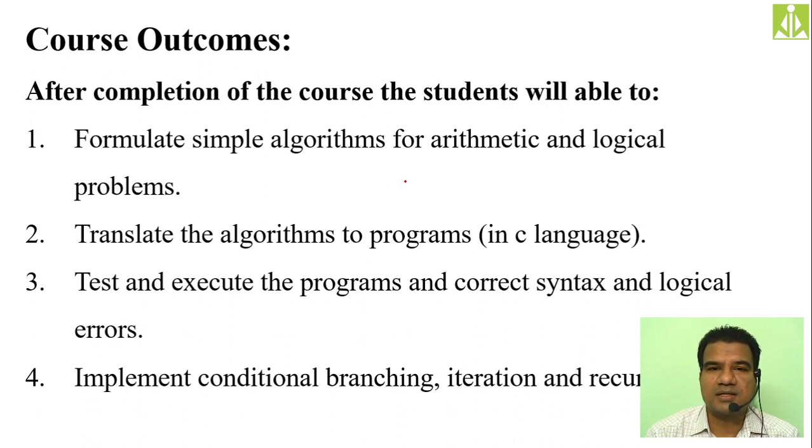Outcomes are what you get whenever you go for a course, or a particular job or event: what sort of output, what sort of handy thing you will get from it. So for the course Programming for Problem Solving, when you complete it throughout this semester, at the end of the semester, what will you achieve, what sort of confidence will you have in you? That comes under course outcomes.